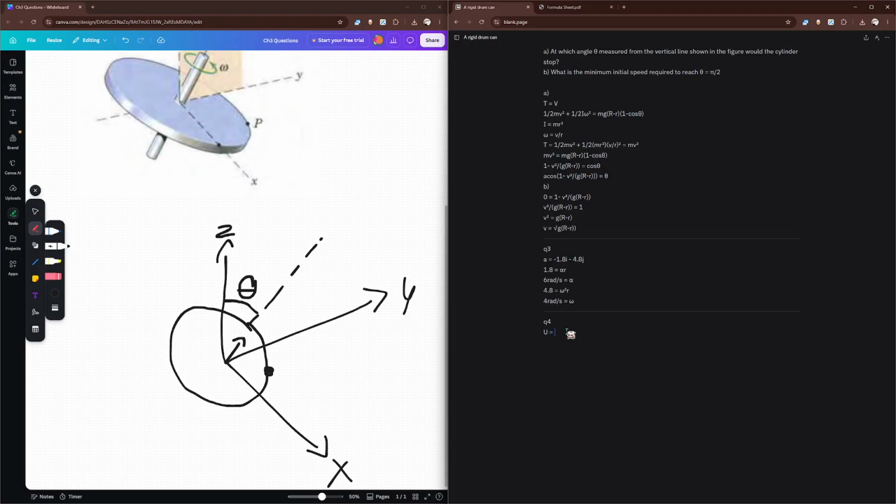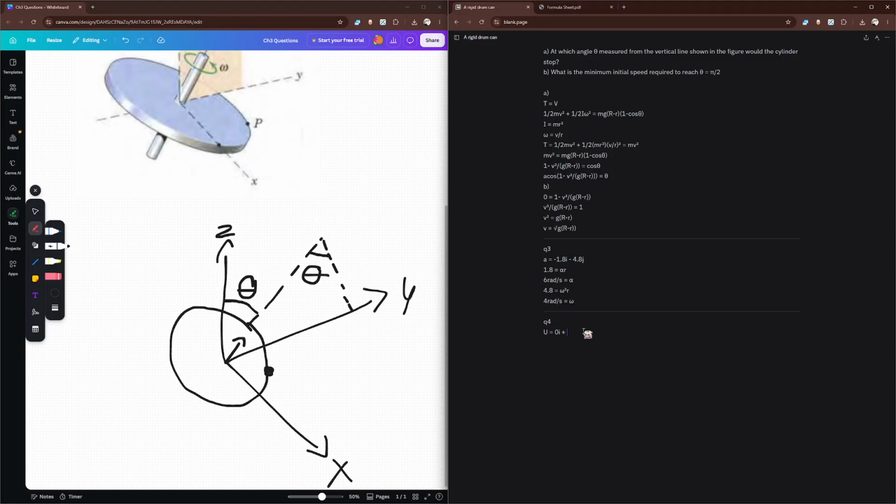It's equal to, since it's only in the YZ plane, 0i plus, well, let's look at it now. If we put our angle here as well, we have two triangles, and this is also theta.